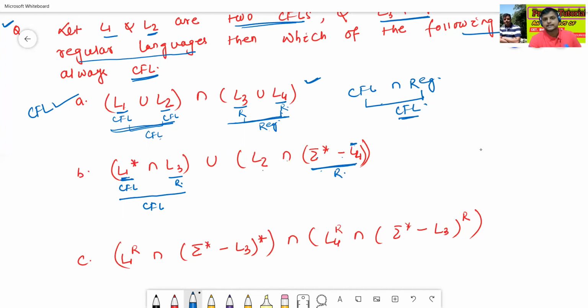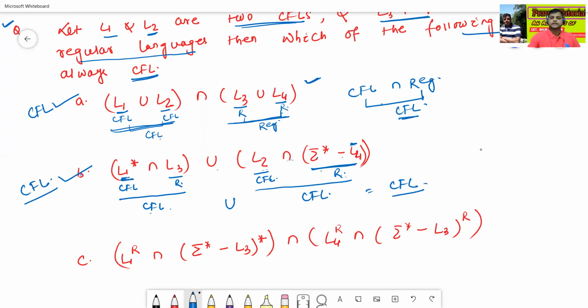L2 is a context-free language, and context-free language intersection regular is always context-free. So CFL union CFL is always CFL. So B is CFL.